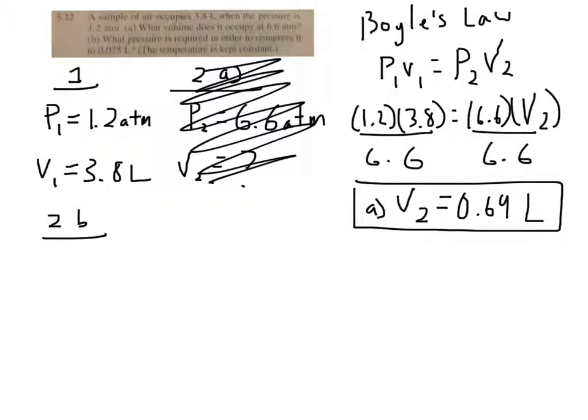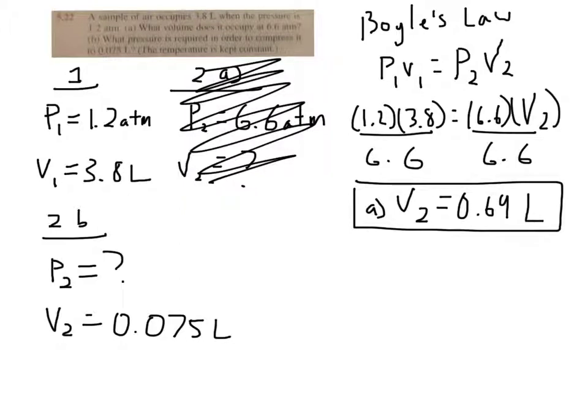We still have the same initial pressure and initial volume. That doesn't change. But now, instead of having P2 go to 6.6 like it did over here, we have a different P2 and a different V2. Whole different problem now. What pressure is required in order to compress it to 0.075 liters? So volume 2 is 0.075 liters, and for P2, that's our question mark.